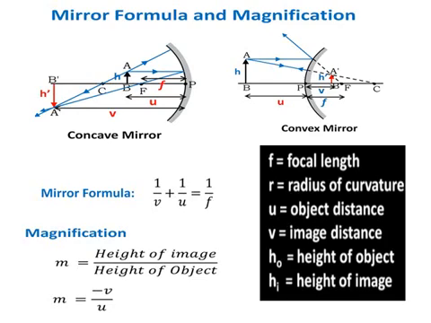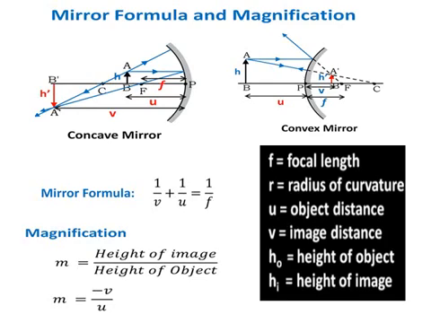And where is the image formed? A dash B dash is the image. So the distance from the pole to the image is the image distance. That is, the distance B dash P is the image distance, and the focal length is the distance between F and P. So for the concave mirror it is measured like this.